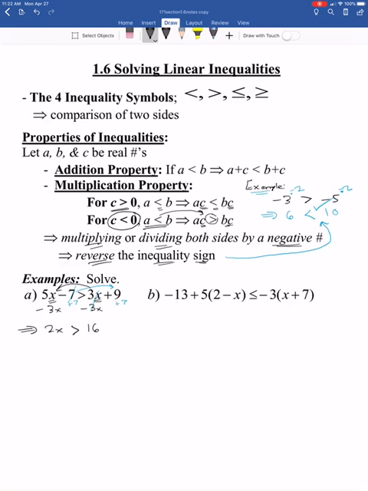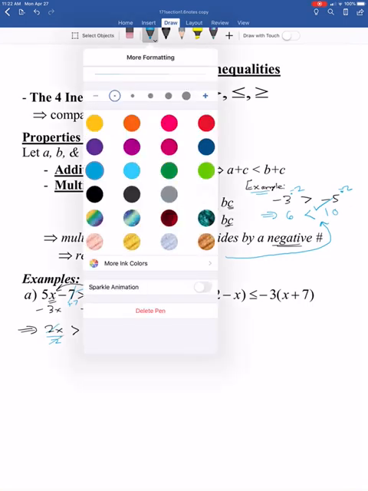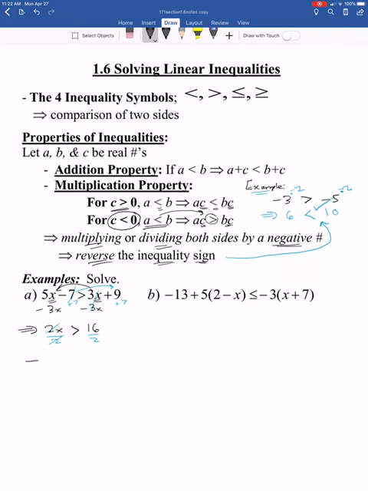Our last step would be to divide out the 2 on both sides. As we do that, we get x greater than 8. So our solution set is all values of x larger than 8. So when is 5x minus 7 greater than 3x plus 9? For all the x values greater than 8.